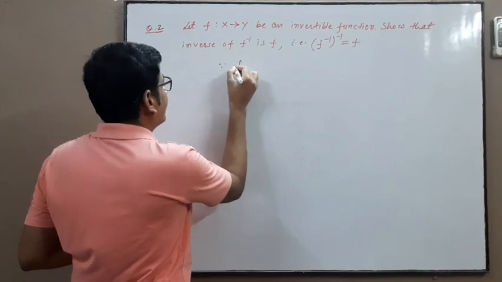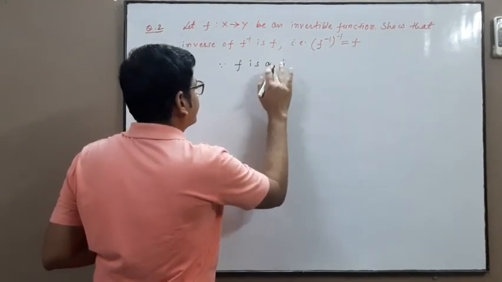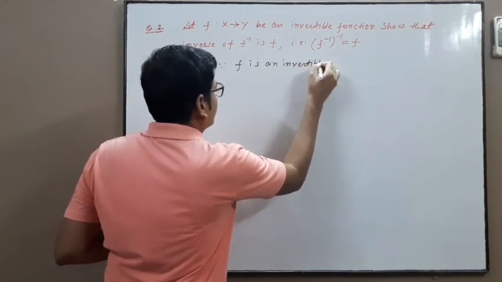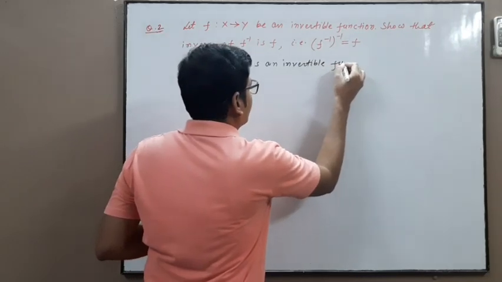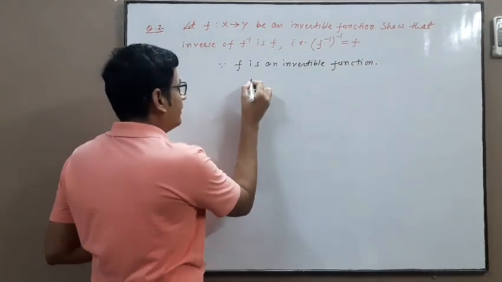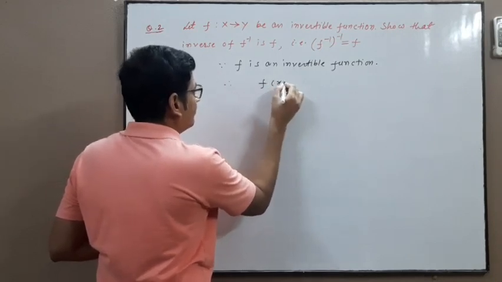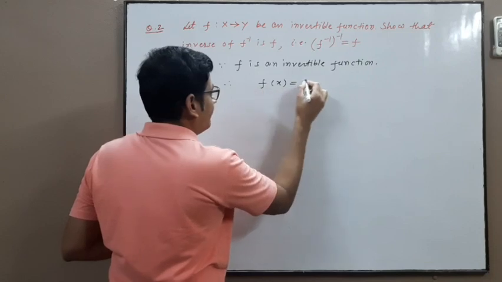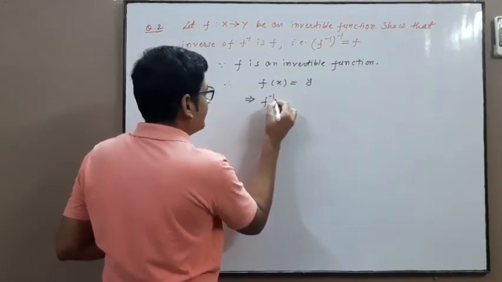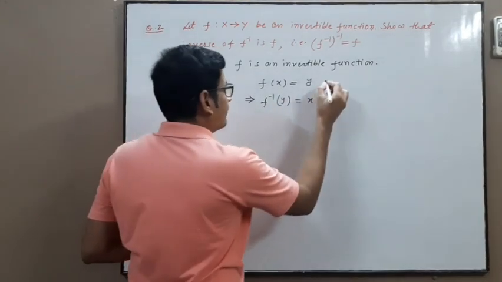Since f is an invertible function, therefore by definition, image of x under f equal to y implies pre-image of y is equal to x. Call this equation 1.